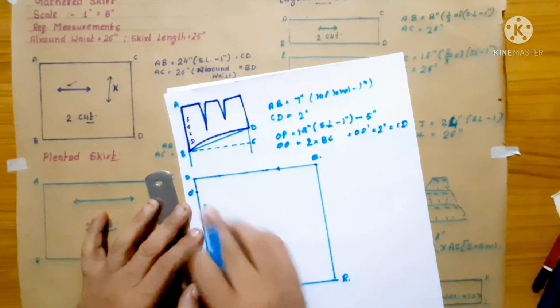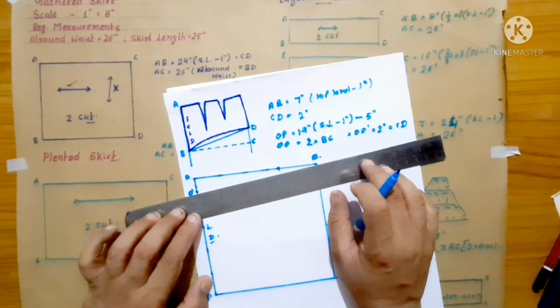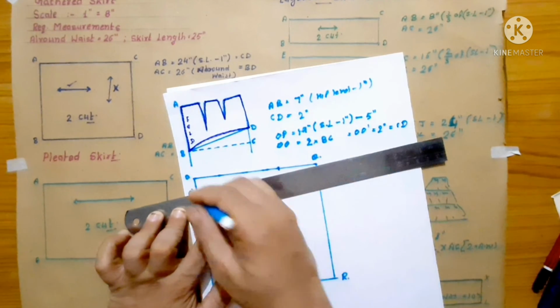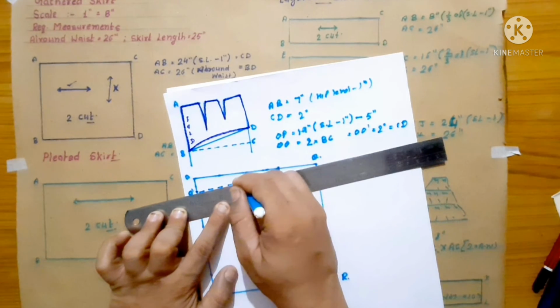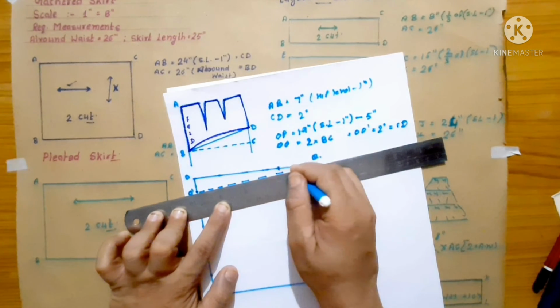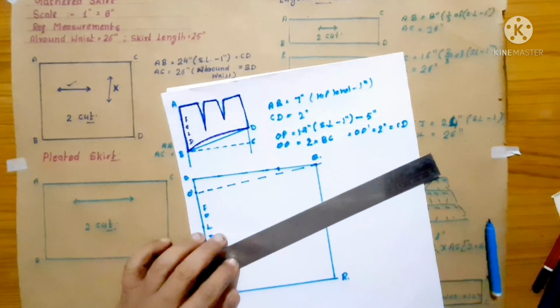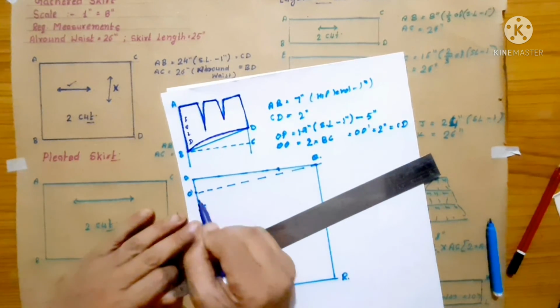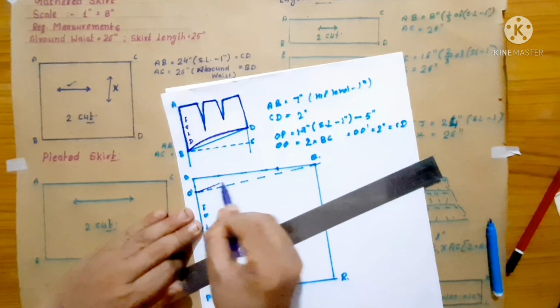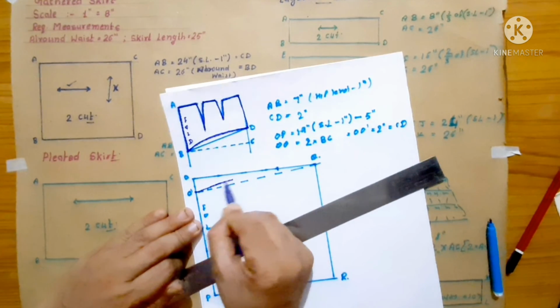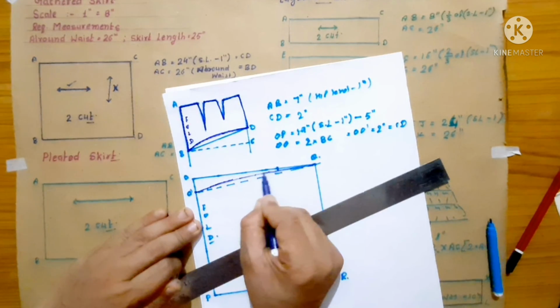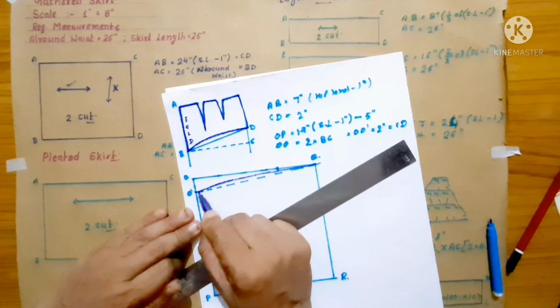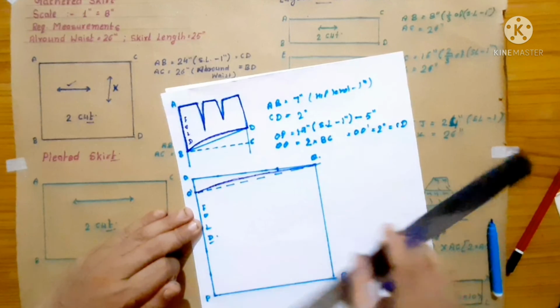We will take the shape here also, and we just have to join this. And then at later stages we can give the shape to this portion so that it can fit to this, right?